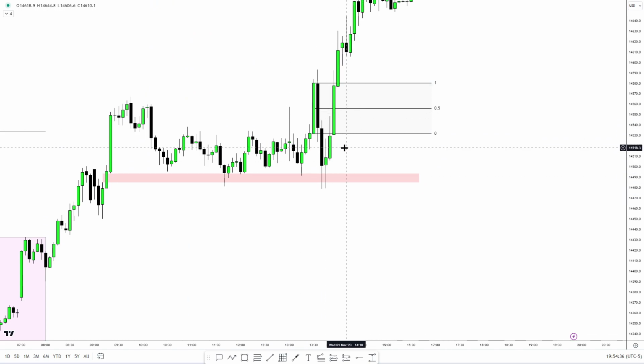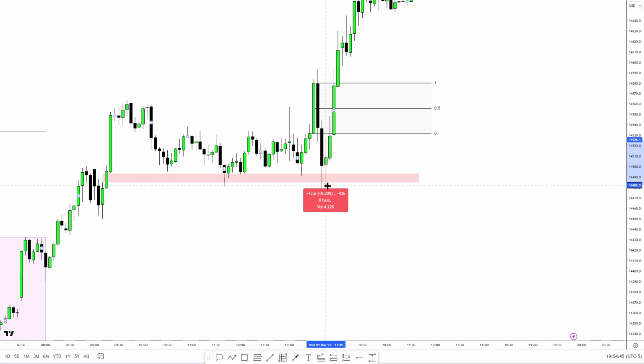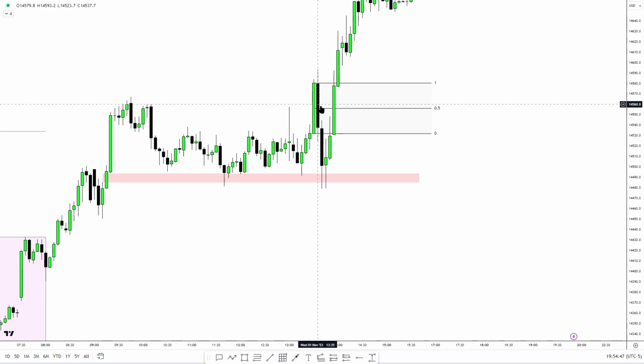They'll try to leave it, so I was more optimistic trying to sell it here in this area and then selling it here just because I wanted to see lower prices, and I wanted to see price leave outside of this range in a quicker fashion.